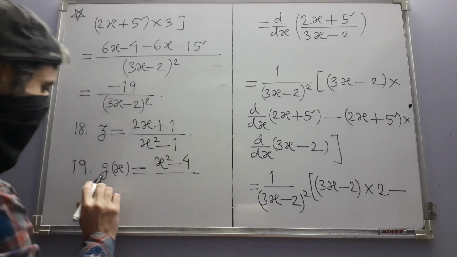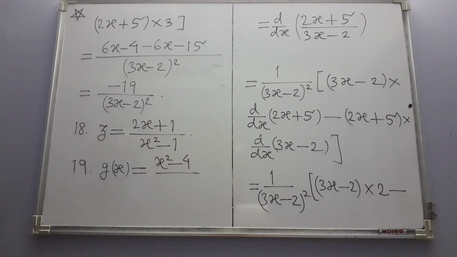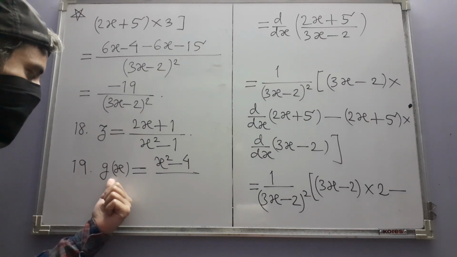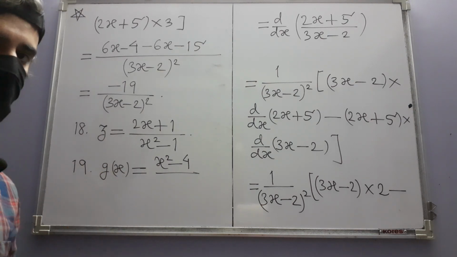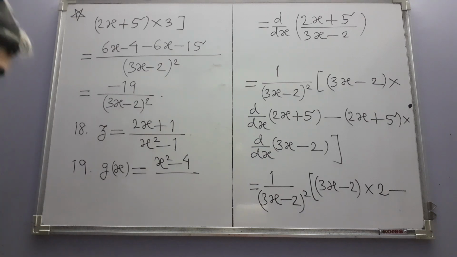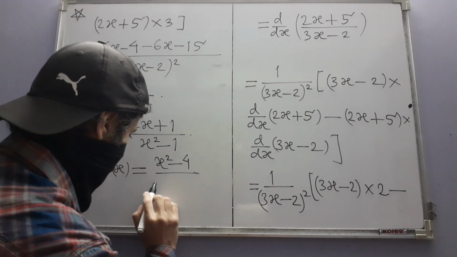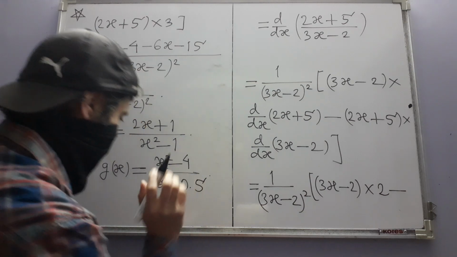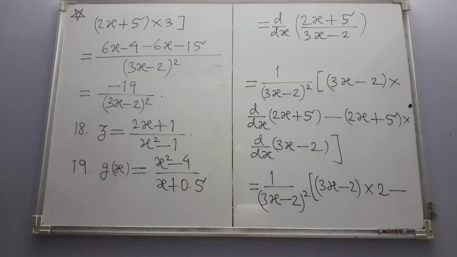These different notations should not confuse you. These are just different ways of expressing the same thing. If one wants, one can also write y or z here. Nothing essentially will change. That is just another way of writing it. Divided by x plus 0.5. Same. Okay, so this also I leave to you.